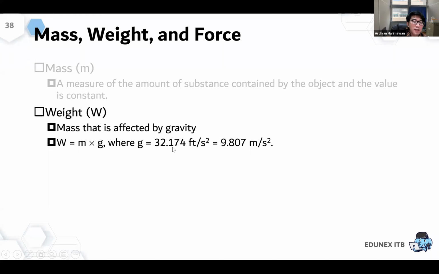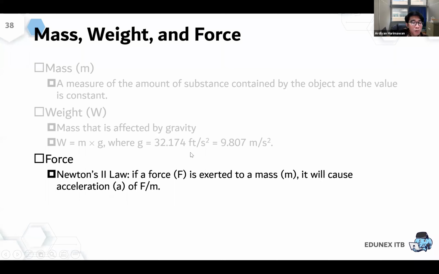Okay, for gravity, normally we use 10 or later, please use 9.8. The unit will be meter over square second. But in other calculations, the unit might change into feet over square second, so it will be 32.17.